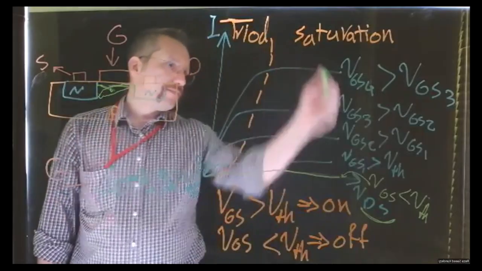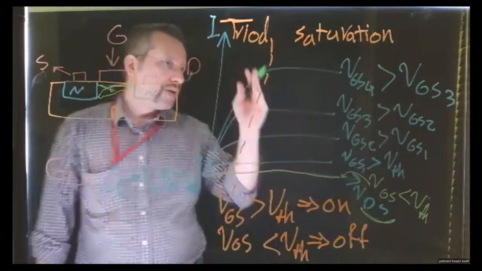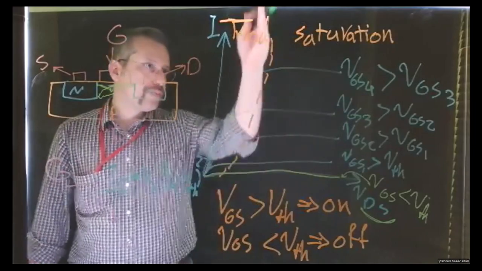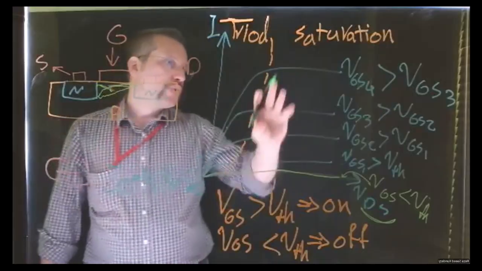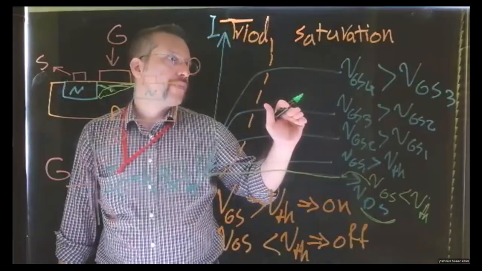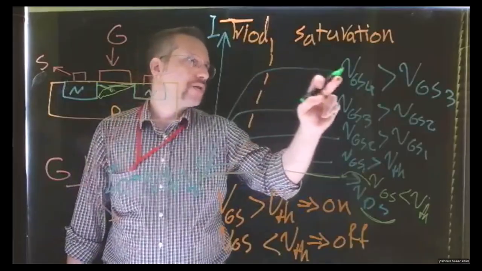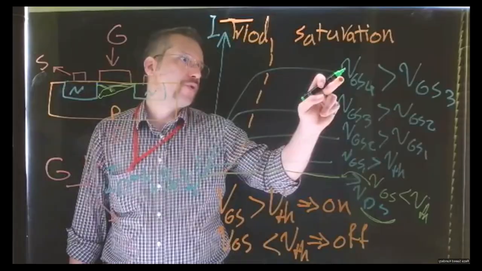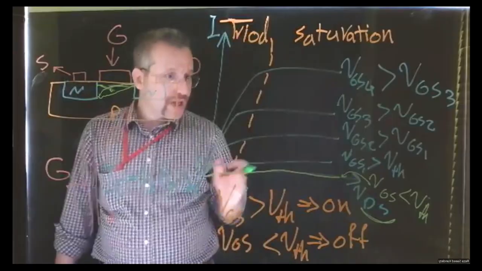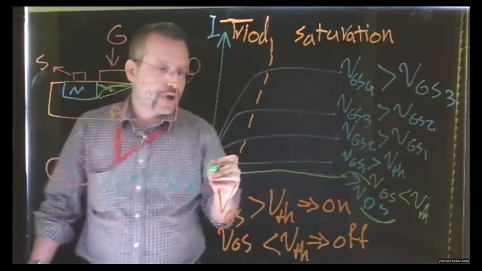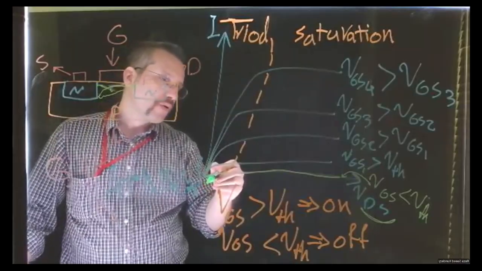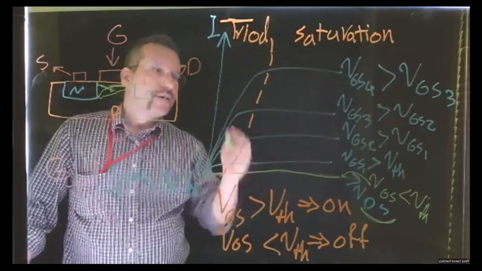This is this area on the right side of our board. This is where the channel is fully loaded, and you cannot exceed the current anymore. So it's saturation. Before that, as much as you increase the voltage, it's like an opening up.